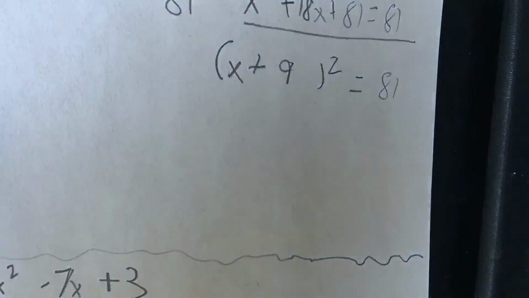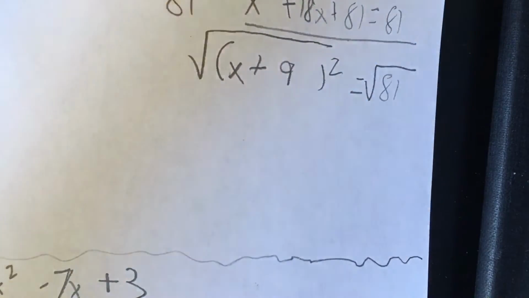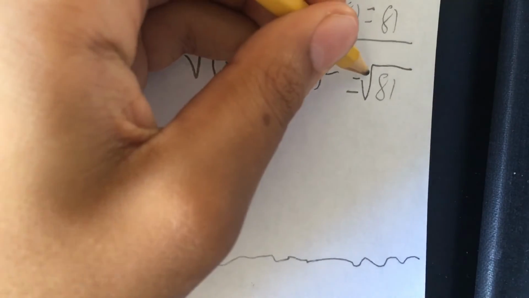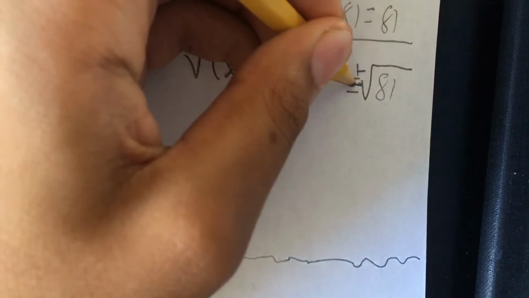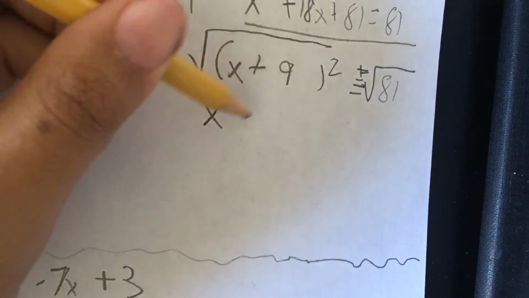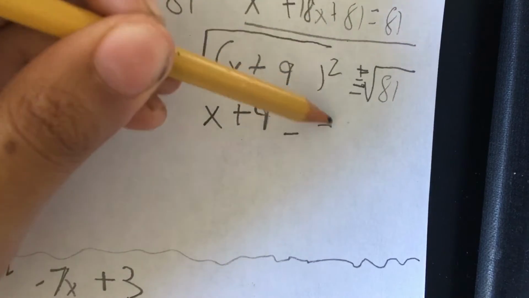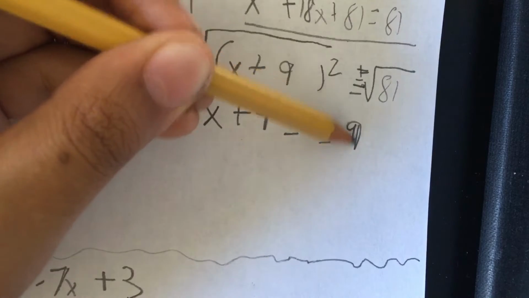So, now what do we do? Well, we're going to square root both sides of the equation and add a plus or minus sign to this side. So, our new equation is going to be x plus 9 equals plus or minus 9.